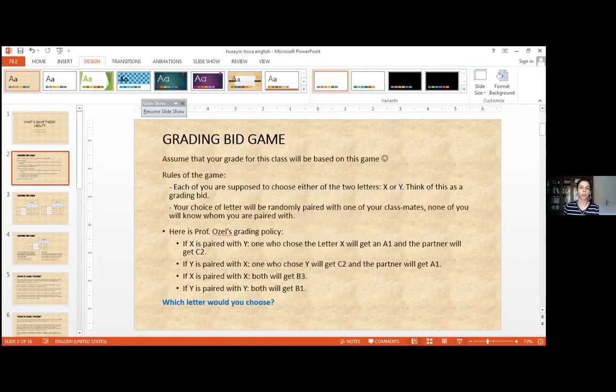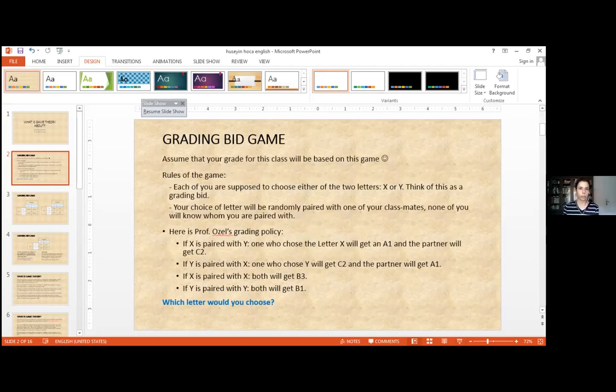Okay. Here's the game. Your grade for this class will be based on this game. The rules of the game: you're supposed to choose either of the 2 letters, X or Y. Your choice of the letter will be randomly paired with one of your classmates. None of you will know who you are paired with. And the grading policy goes like this.